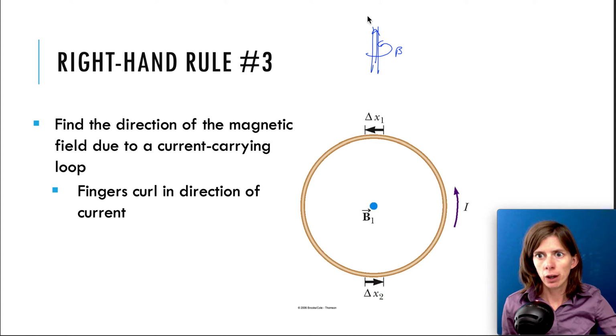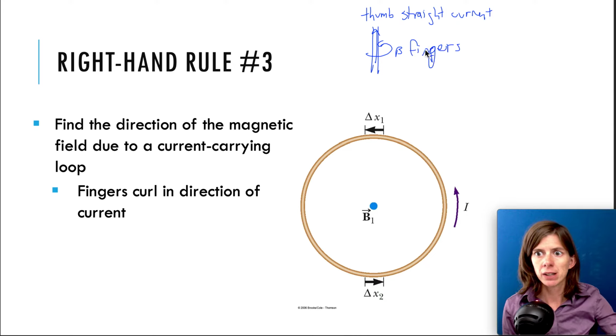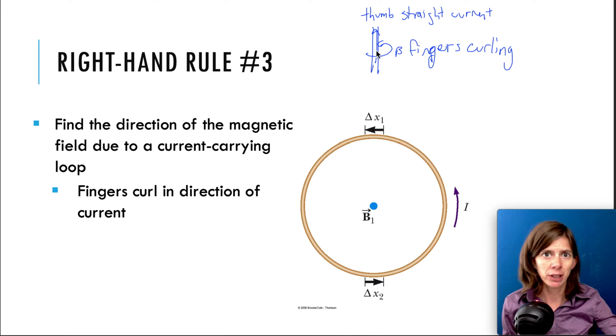So the thumb was the current, and as I told you back then, you can remember that because the thumb is straight and the current is straight, right? So thumb was the straight current, the straight wire, and then the fingers curling, that was the magnetic field, because the magnetic field produces loops around that straight wire.